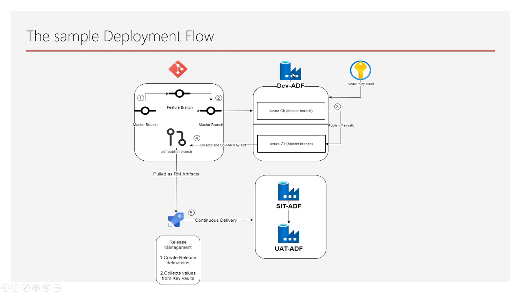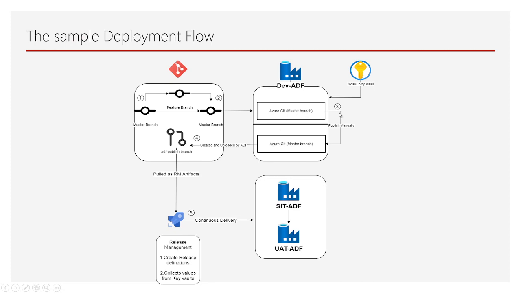So in ADF, I will show you that there are two parts. One is your Azure Git, one is the ADF Live. Which one is the existing branch? Which one is the actual thing? In the branch, you are managing the source control, but this one will be the actual thing.